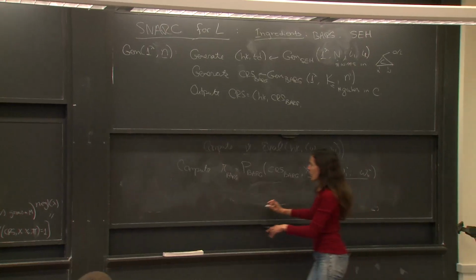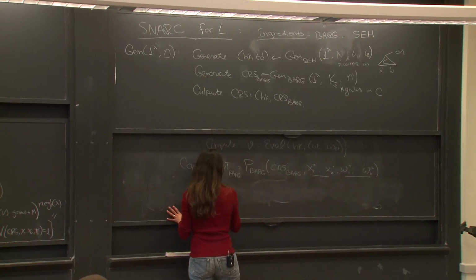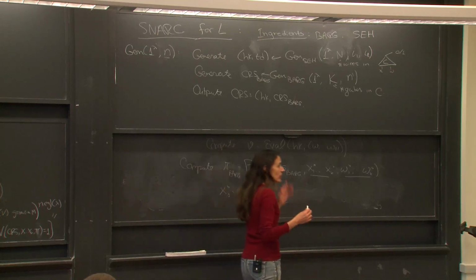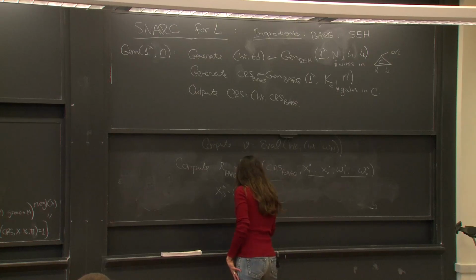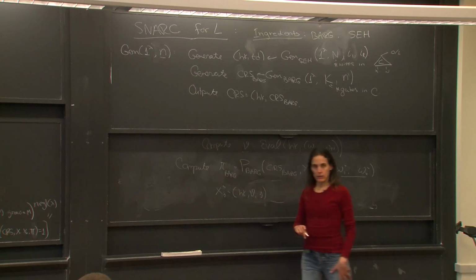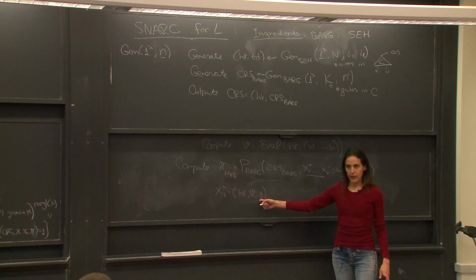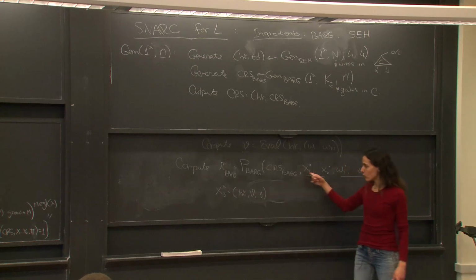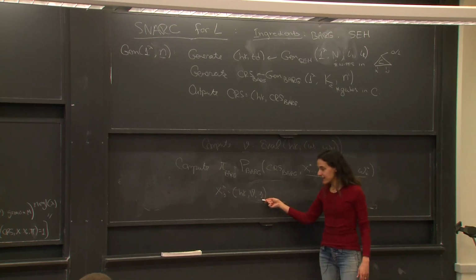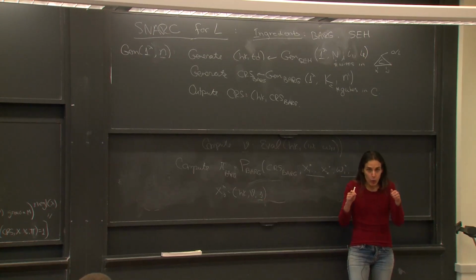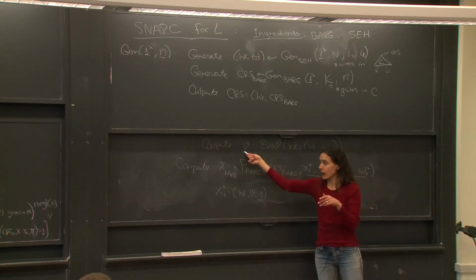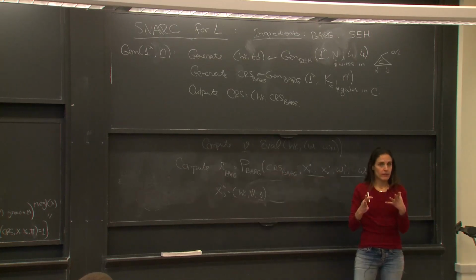X star J is essentially going to be the hash key, the value, and J. Okay, that's X. So what I'm going to prove is that for each gate J, I have an opening, with respect to V, to the input wires of the gate and the output wire of the gate that satisfies the gate.